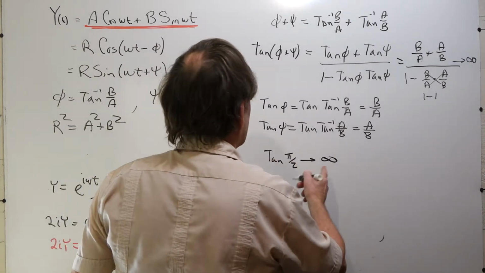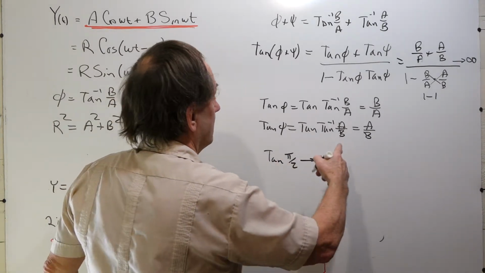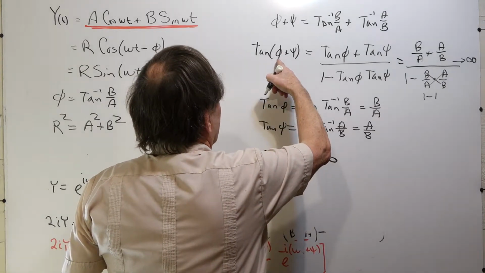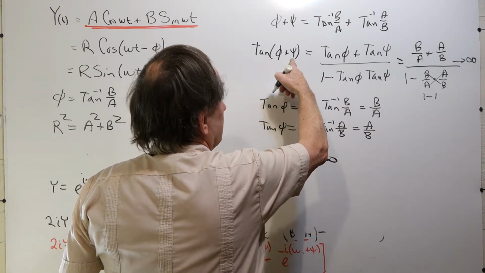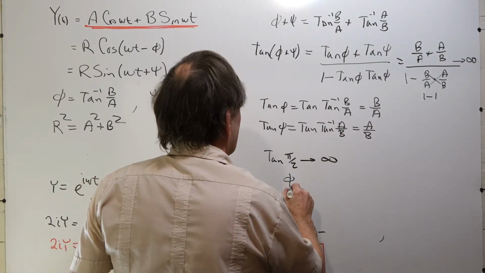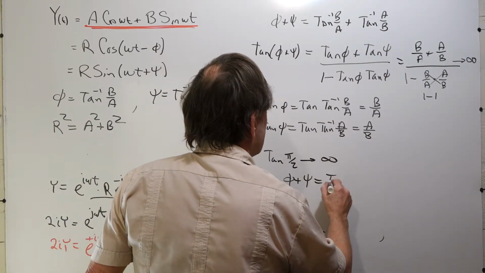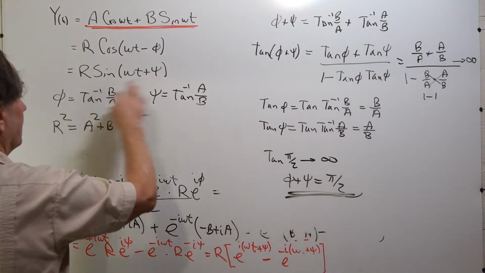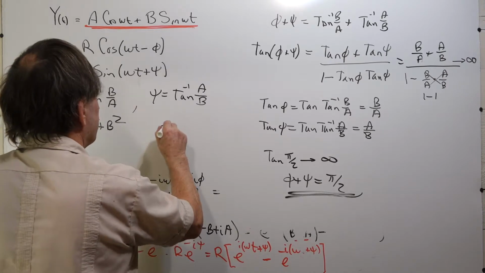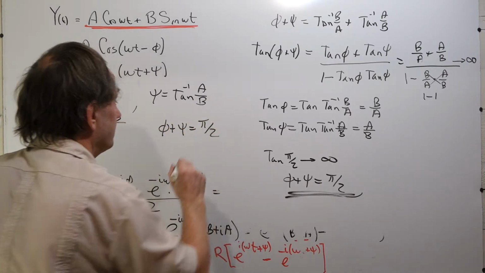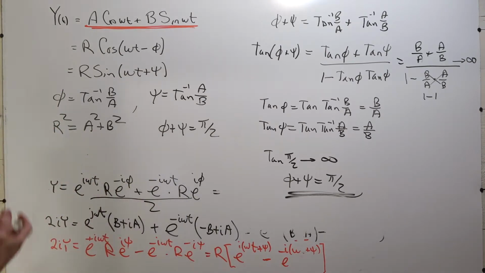So then we conclude that phi plus psi is equal to pi over 2. So that's the other relationship we have here, that phi plus psi equals pi over 2. So if you know one, you know the other.